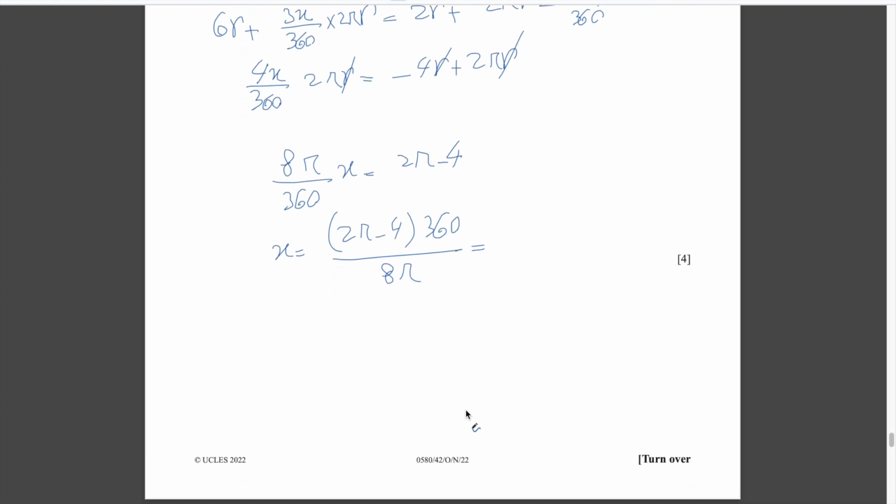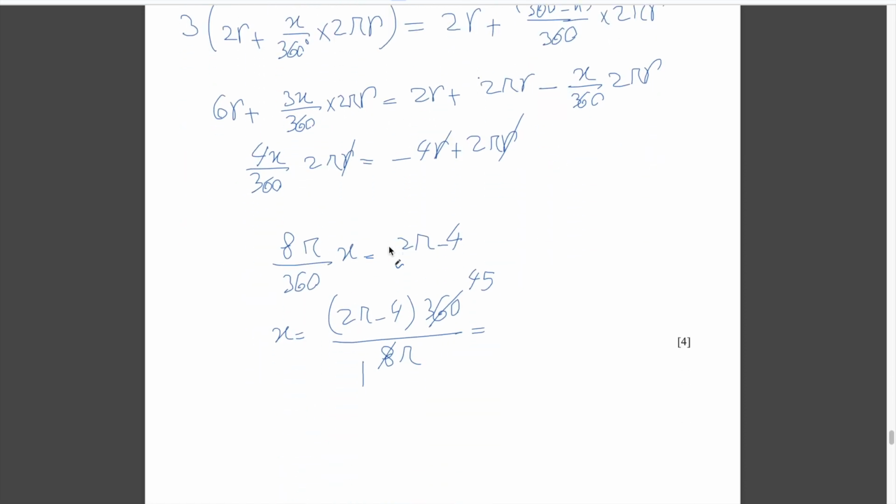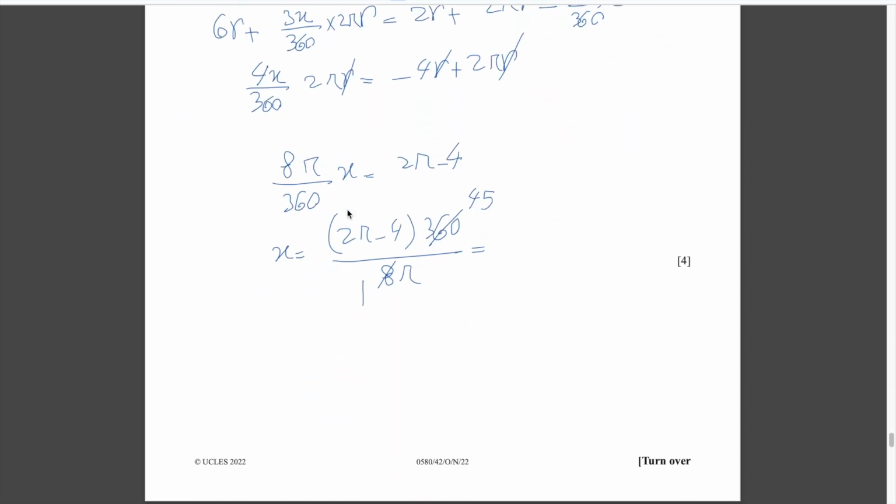Now 360 divided by 8, it is divisible. 360 divided by 8, so this is 45, this is 1. Then actually here you have 90, so now it is divided by actually 4, divide by 4, which is 90 divided by 4, 2.